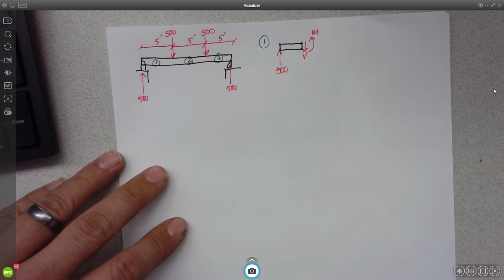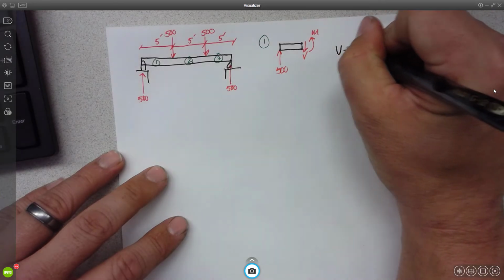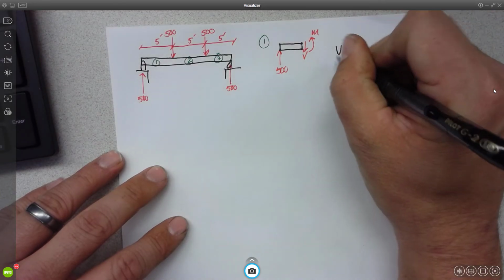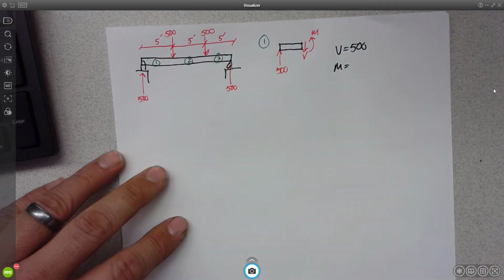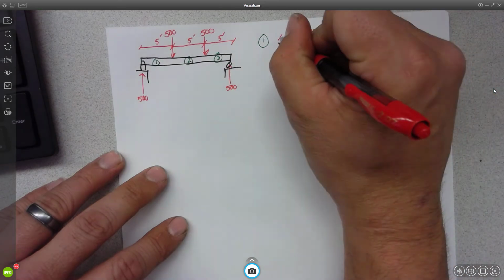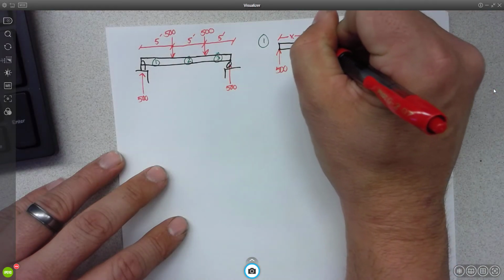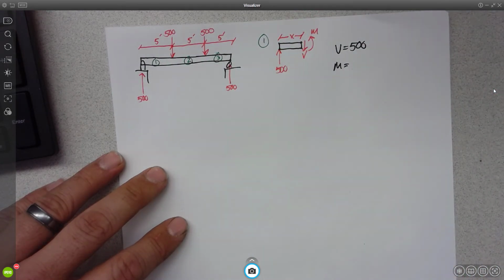Can we do this by inspection? Can you just look at that and tell me what the shear is going to be? What the bending moment is going to be? Positive or negative 500x?